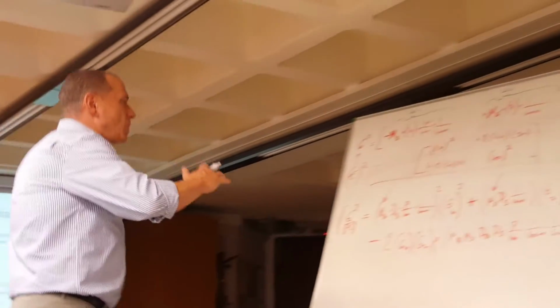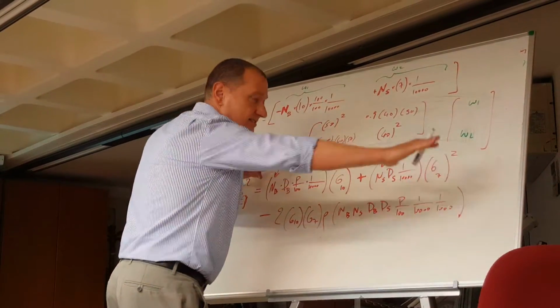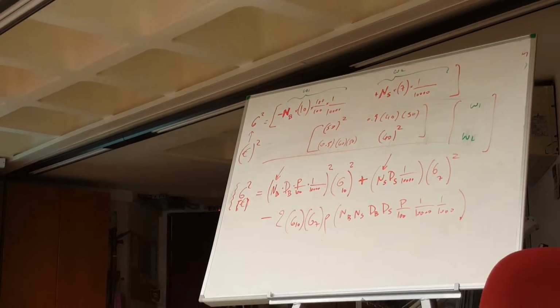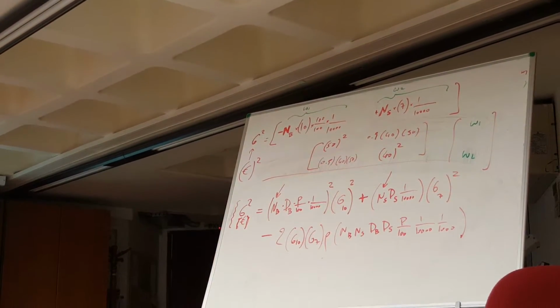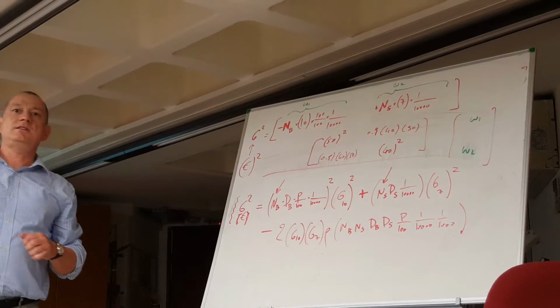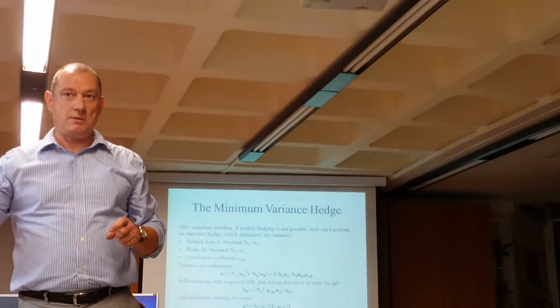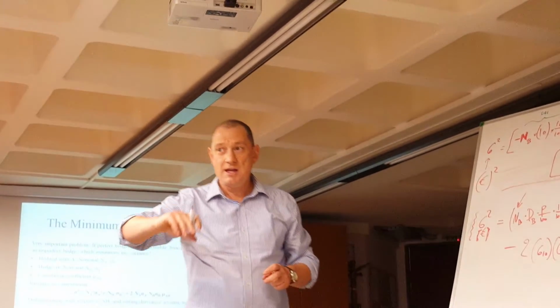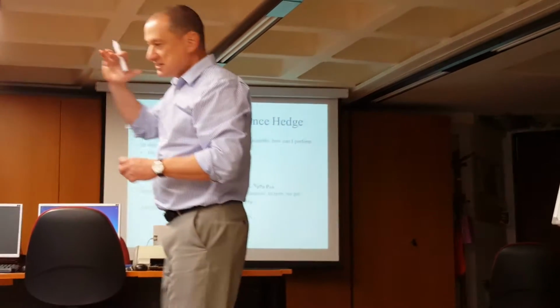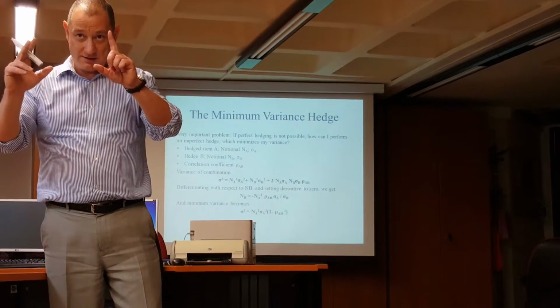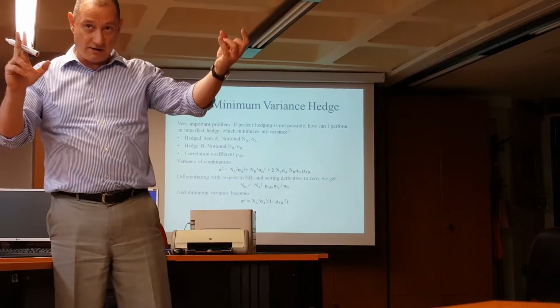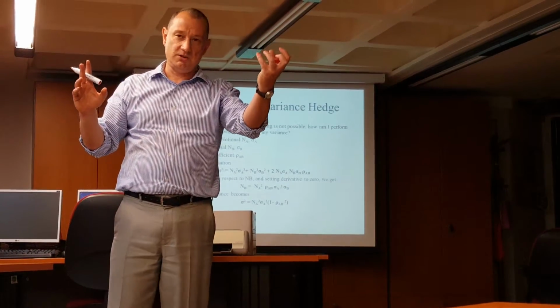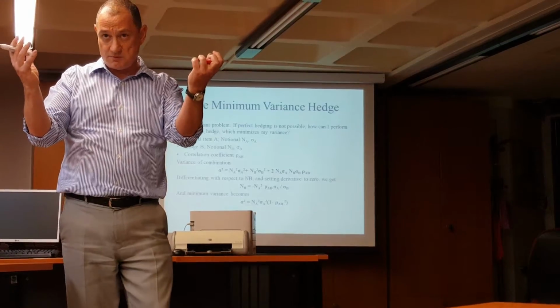If you didn't know anything about this, okay, and I told you I have a 10-year swap and the 10-year rate variance is 60 basis points, and I have a 5-year swap, say, and the 5-year variance is 60 basis points, okay? 10-year standard deviation, 60 basis points. 5-year standard deviation, 60 basis points.